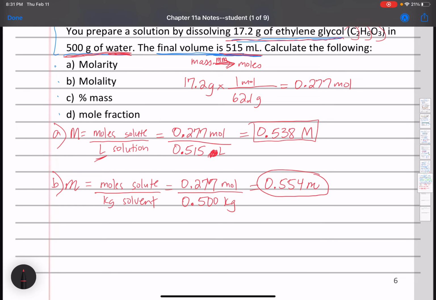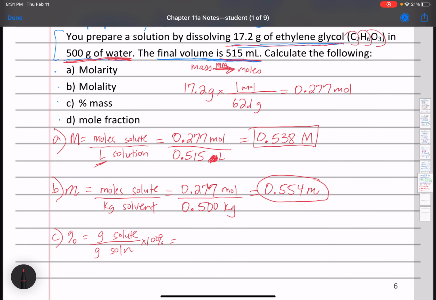Now for percent mass, part C here. Percent mass is going to be my grams of solute divided by my grams of solution times 100%. I look at the problem, I'm given 17.2 grams of my solute. My solution, remember, the solution is solute plus solvent.